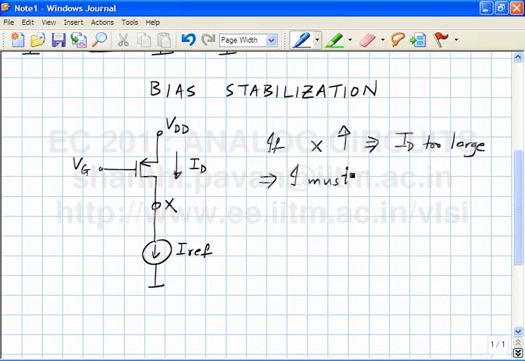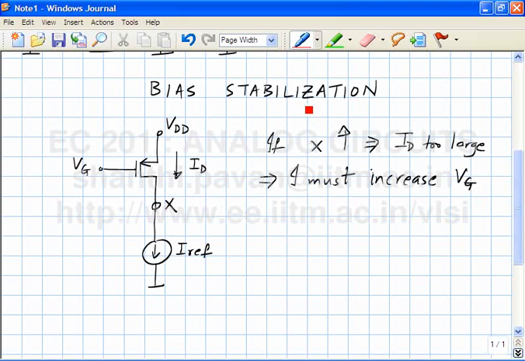Increase or decrease? Increase. Why? It's a PMOS transistor. The larger VDD minus VG is, the more drain current will flow. So to reduce ID, I must push VG up. If ID is too large, I must attempt to decrease ID, and this can only be done by increasing VG. So what is the obvious thing to do?